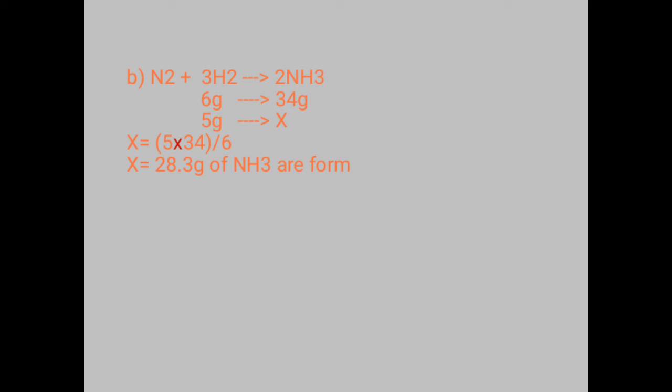So we are going to use hydrogen to calculate the product formed. 6 grams of hydrogen will give us 34 grams of ammonia. Then 5 grams of hydrogen will give us X, and X is equivalent to 28.3 grams of ammonia which are formed.